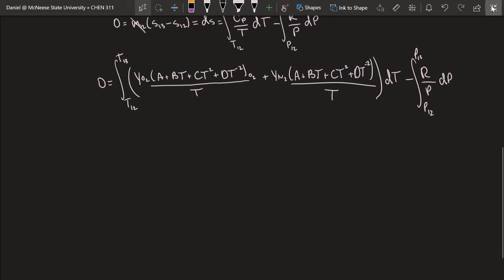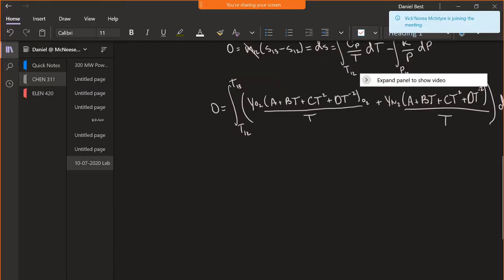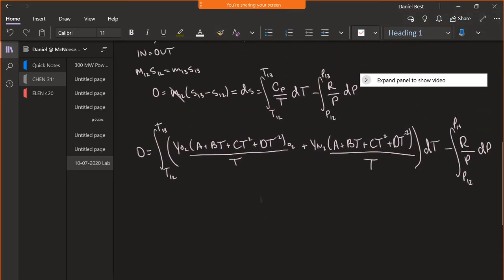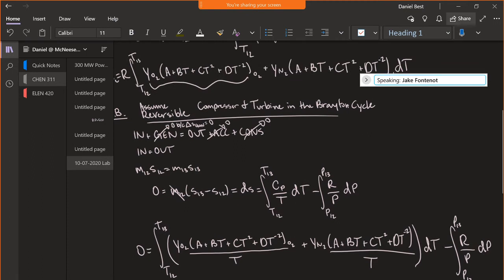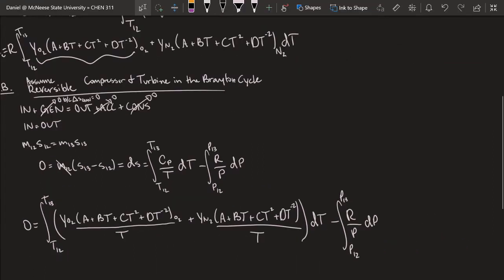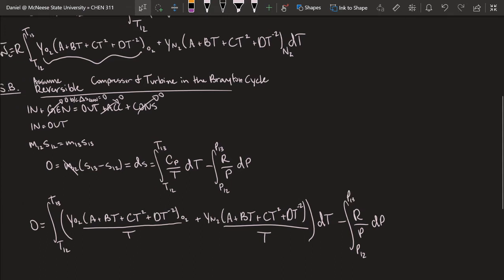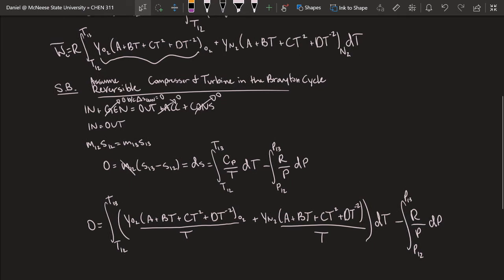And that wouldn't be a good thing. Of an ideal compressor, yeah. A reversible compressor, I mean, yes.